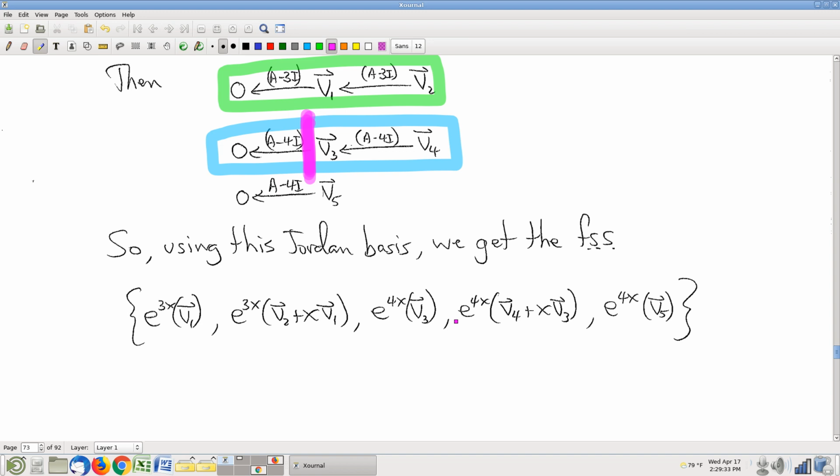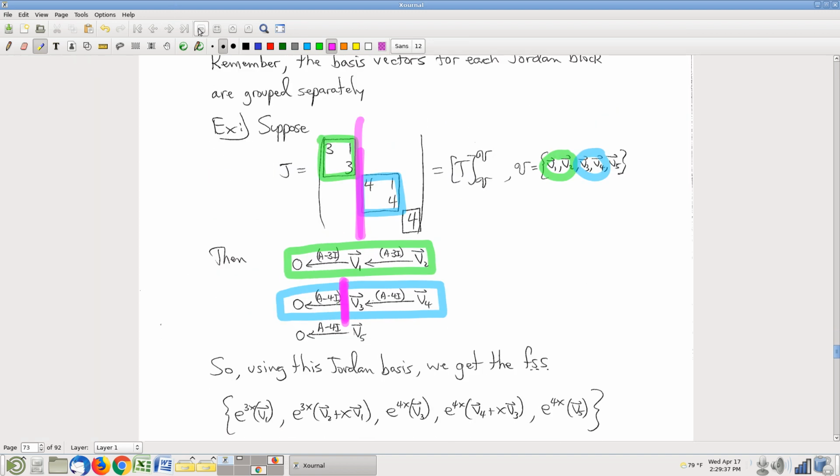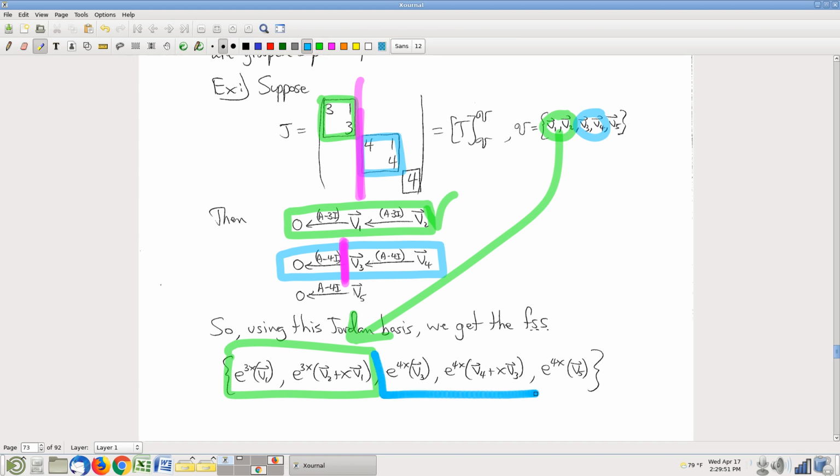You can see that in how the equations work out, how these solutions work out. These solutions come from these vectors and this diagram, and notice that in both cases when you get to V3, you stop at V3.